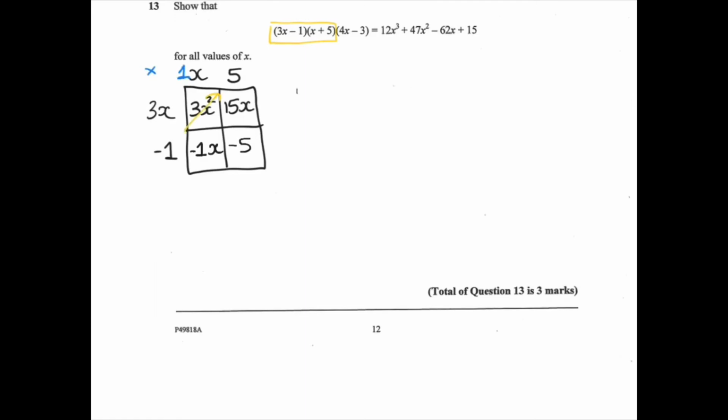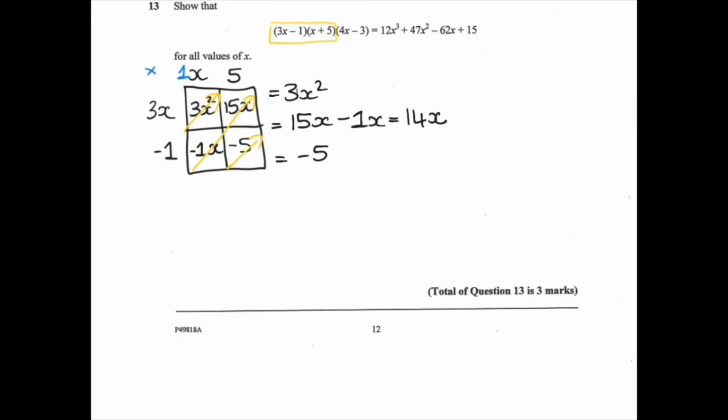Head down the diagonals. So first one, 3x squared. Next one. Now, here's a good tip here. You can write these numbers in any order you want. I always start with the positive. So I'm going to start with the 15x minus the 1x. 14x. Last one, minus 5.